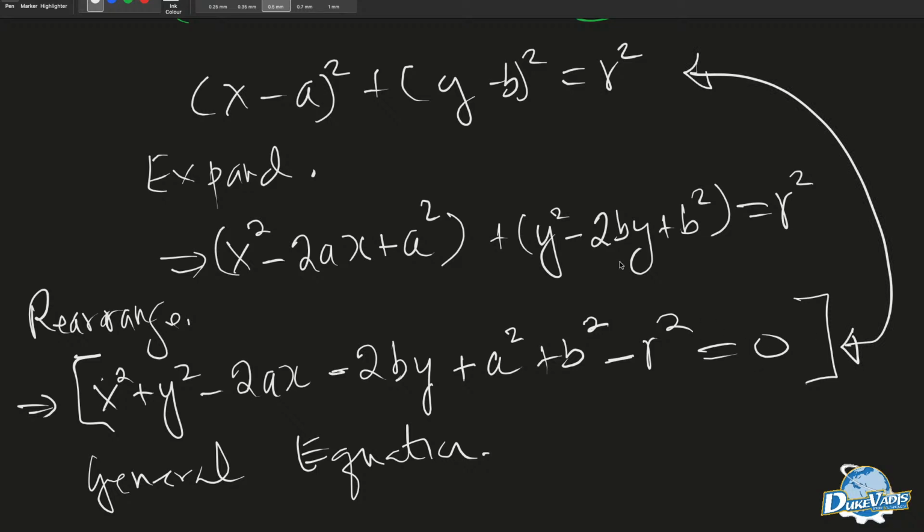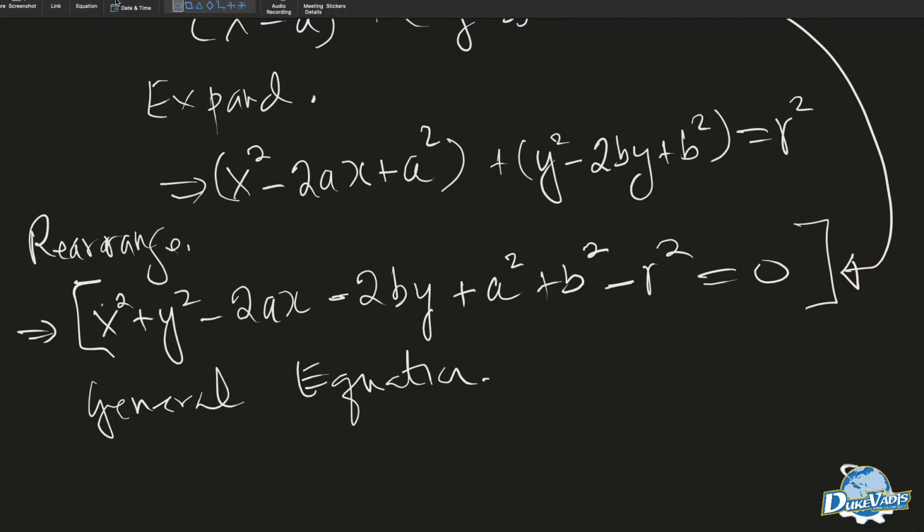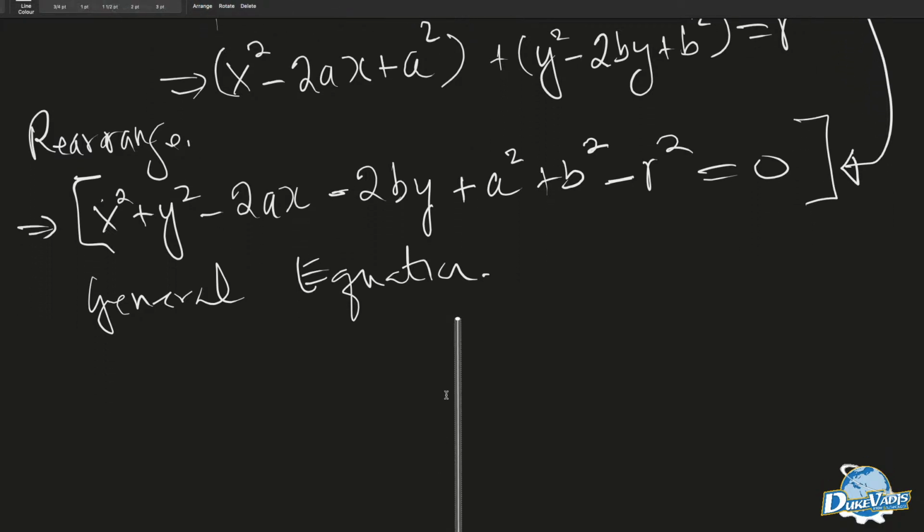Then let's look at this analogy. If you have a circle, first of all let's have some lines. There's a line; we can define this line as the y-axis. Then we have another line somewhere here.